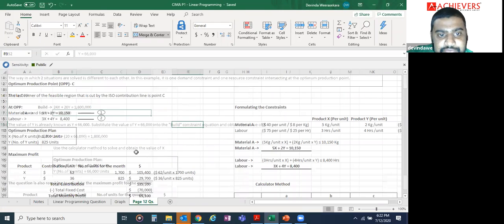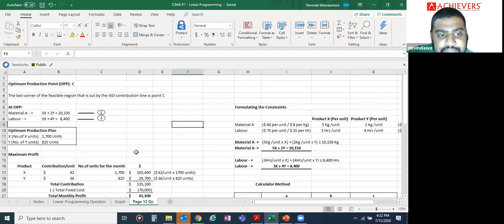And if it's two resource constraints, we use the linear simultaneous equation method like we did here to get the optimum production plan. Clear, guys? Are you all okay with this? Any questions at all? This is very, very important to understand.